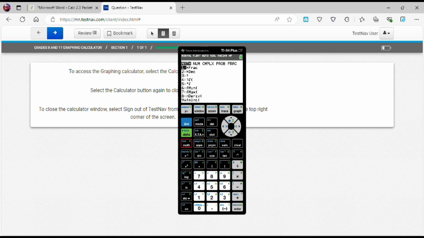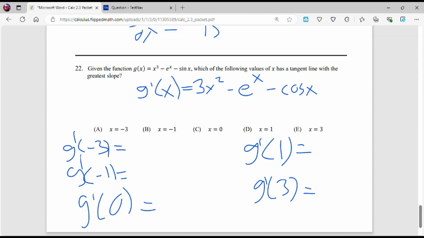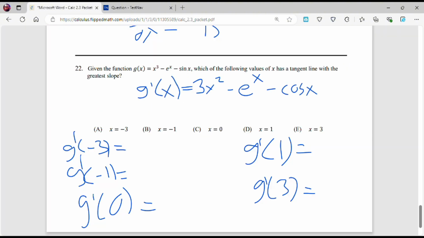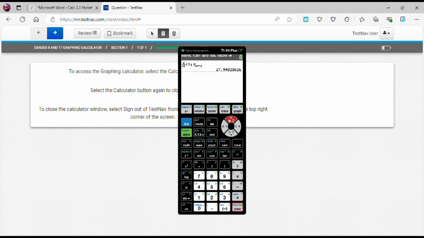So we're going to start with -3. So we use our y1. I'm going to do -3. So at -3, we get approximately 28. I'm going to copy this same thing down, and I'm going to use -1 instead.